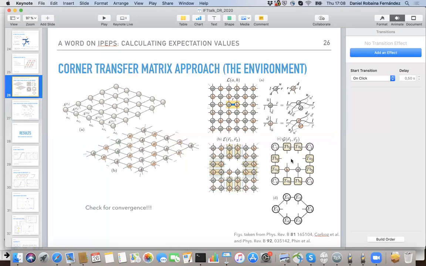Imagine that you want to calculate a two-body operator, which you want to put here, but you need to take into account the infinite tensor network which surrounds these 2 points. So you define what is called the environment, and you have to come up with an effective description of everything which is around these 2 points, and you encode this in these tensors, which are supposed to give you an effective description of all the environment around these 2 points, and this has to be converged.